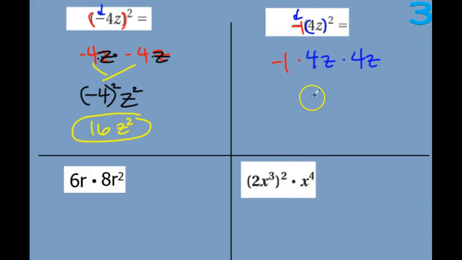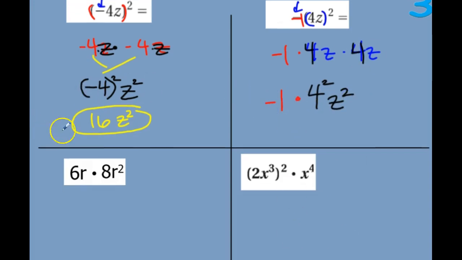So when we count up what we have, 4 2 times, 4 times 4, 4 squared, and we have z 2 times. But we also have it multiplied by a negative 1. So we know 4 squared, 4 times 4 is 16, but times the negative 1 is now a negative 16, and we have z squared.